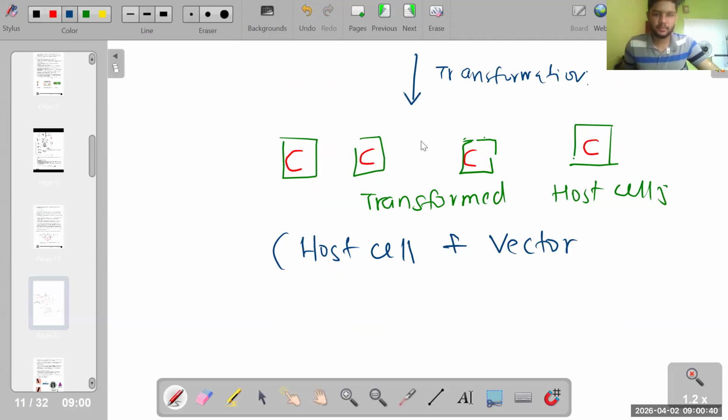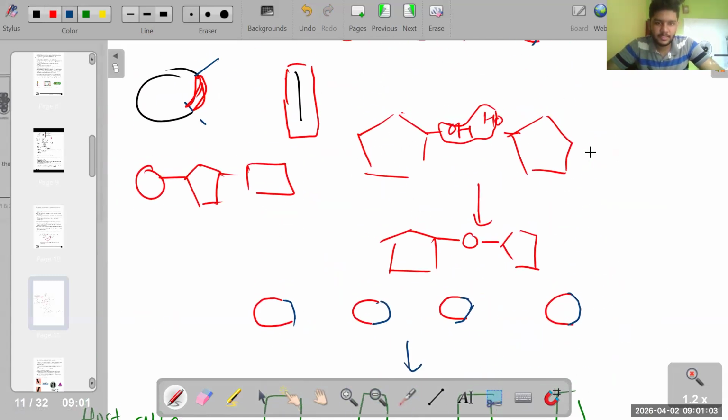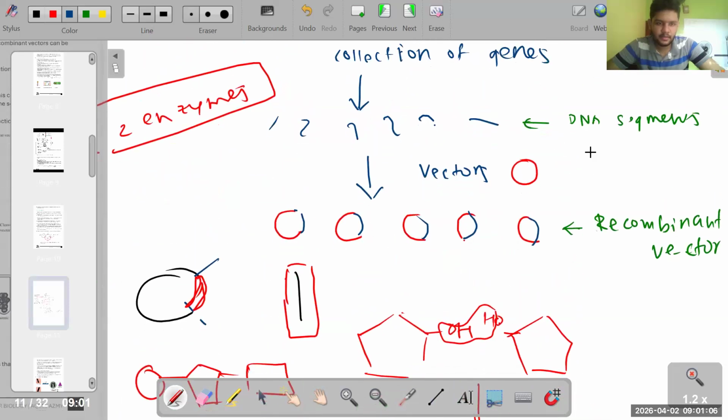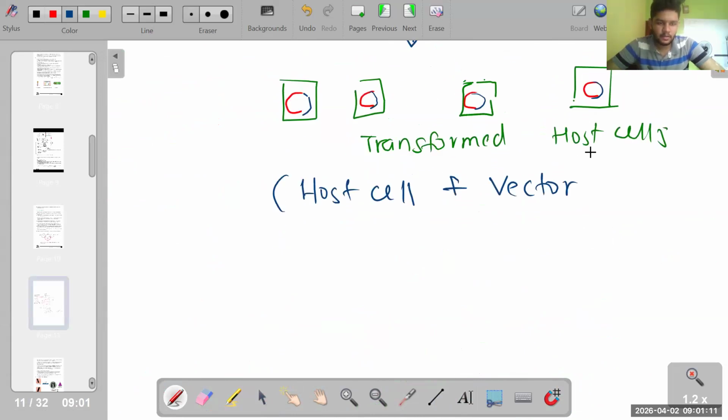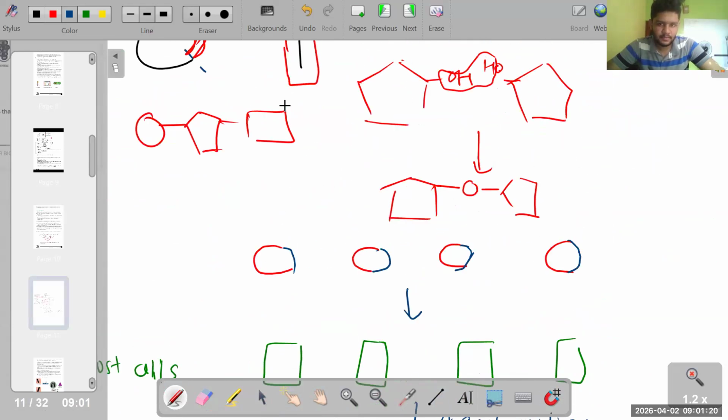If I draw like this, you will find it very easy. Now, can you agree? There is a recombinant vector. What does this red color denote? See here this diagram.